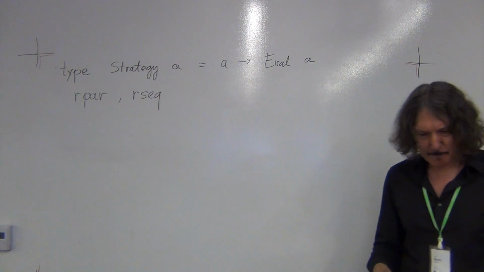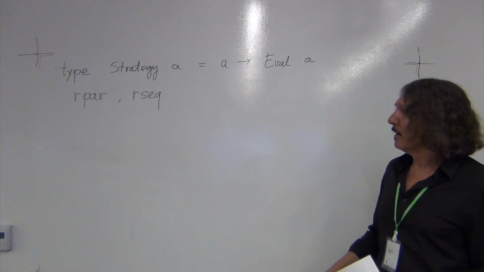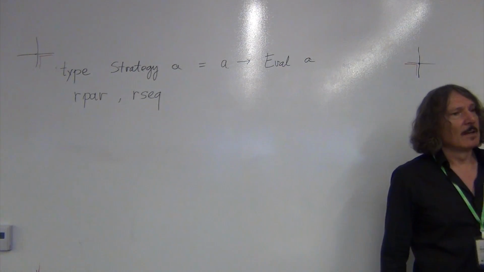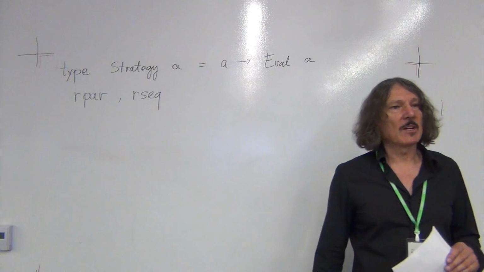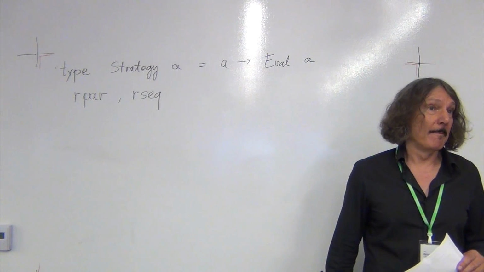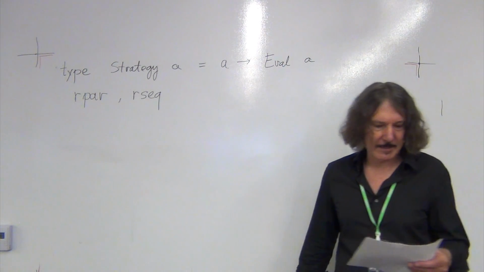So the example of a strategy that we can come up with is, let's define a strategy for evaluating a pair. That's very simple, right?